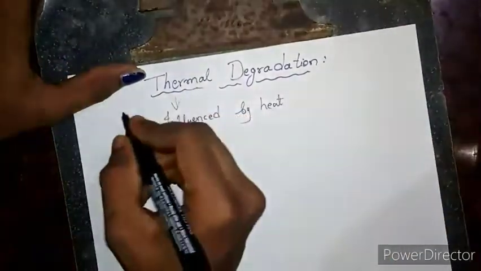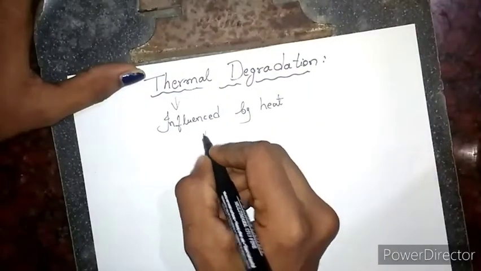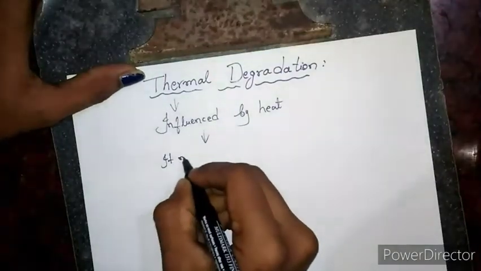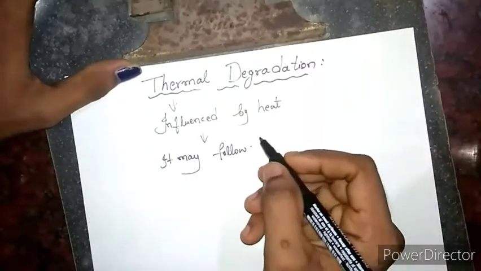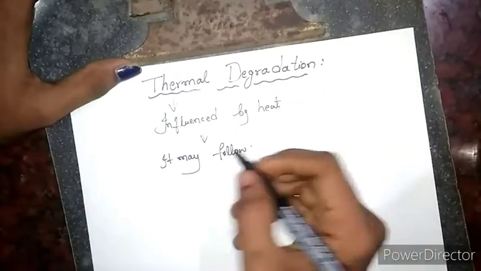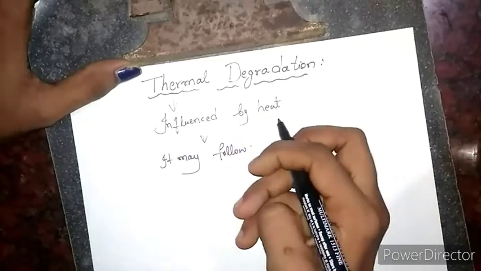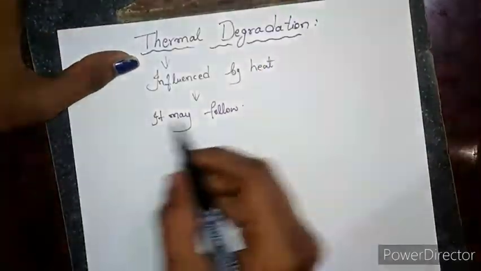And this thermal degradation may follow either of the mechanisms. In the last video we studied the two types of mechanism by which a polymer can undergo degradation. What are the two types?